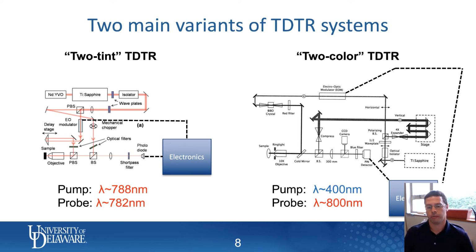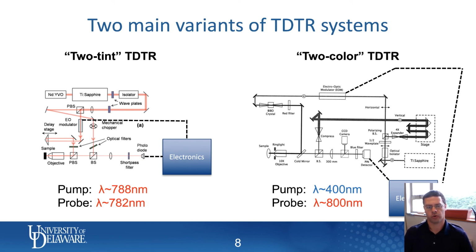So I'll talk about both of these systems in a lot of detail, both about what exactly two-tint and two-color mean. But for the moment, I'm going to walk through the layout of a two-tint time domain thermoreflectance system, and then I'll come back to the two-color system.